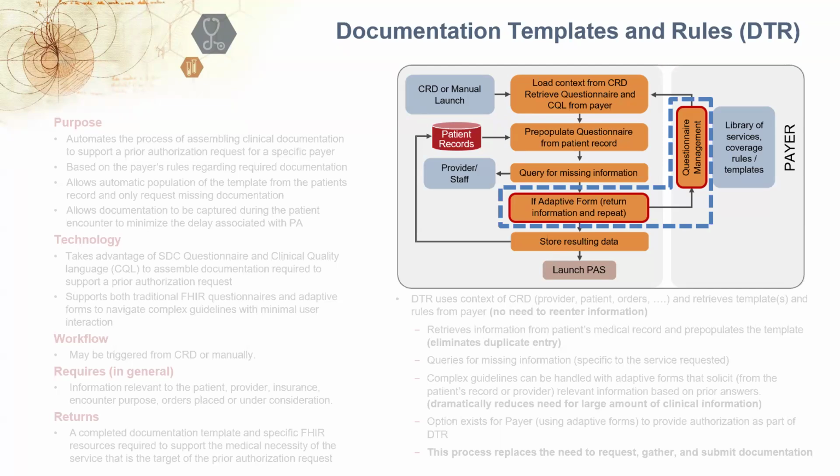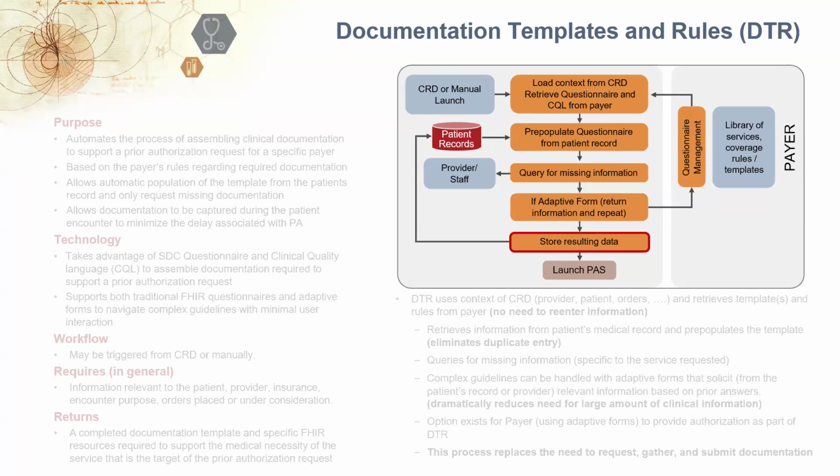But anyway, there's obviously many advantages to using adaptive forms and a few downsides in terms of the iterative process. Regardless of whether you're using standard or adaptive, the next step, when you're done with that, is to store the resulting data, and then most likely you're going to launch PAS.